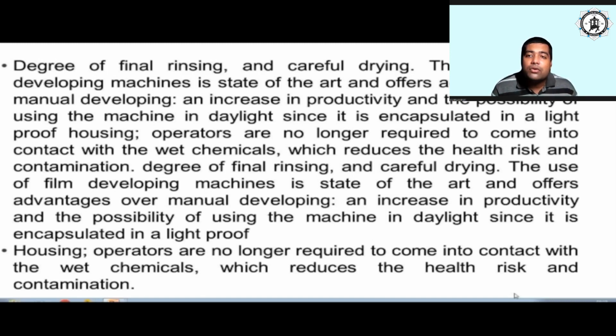But if you do it using an automatic film processor, then that enhances the productivity of the process, and definitely reduces the associated health risks. For example, if you are working with metol and hydroquinone, these are aromatic compounds. Hydroquinone is an aromatic compound, so it is not good for health.